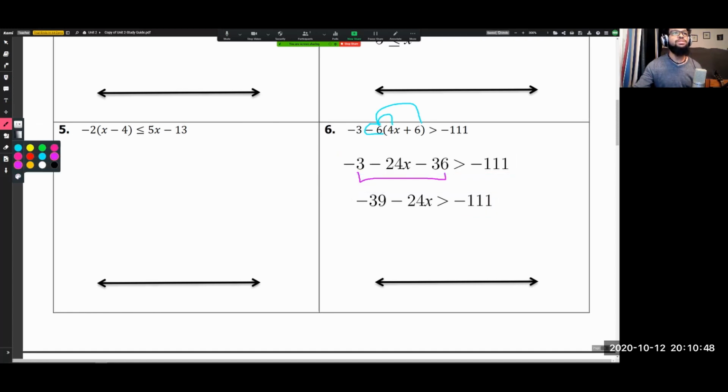And I might as well just work out the rest of the problem. Since we've got this far, it's going to be a +39 on both sides.